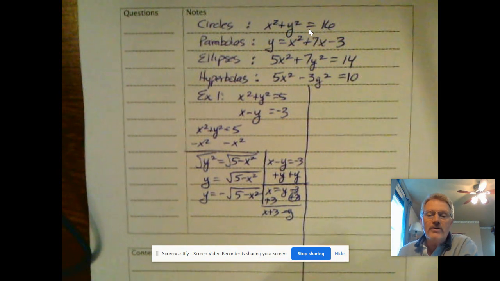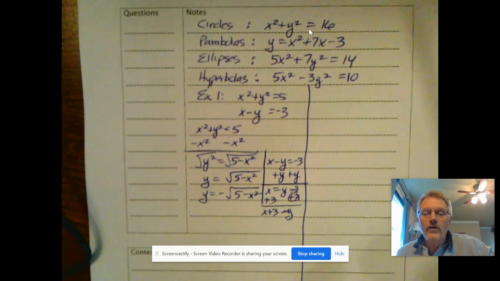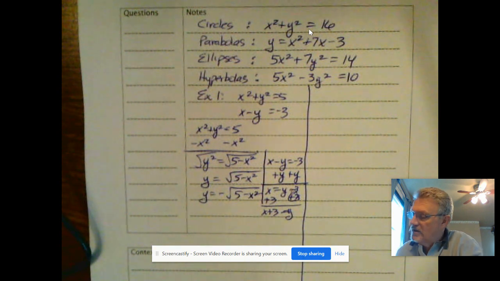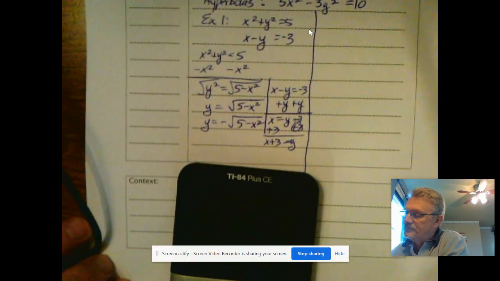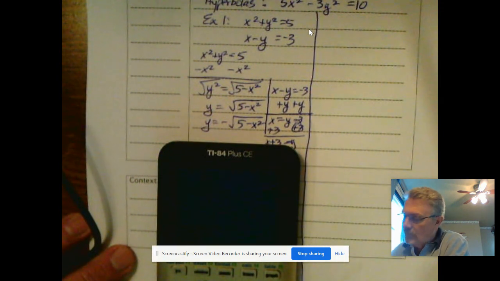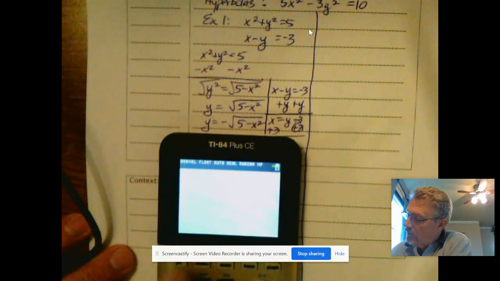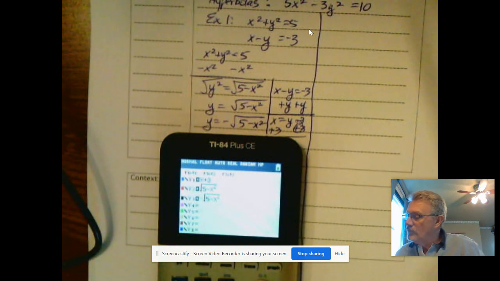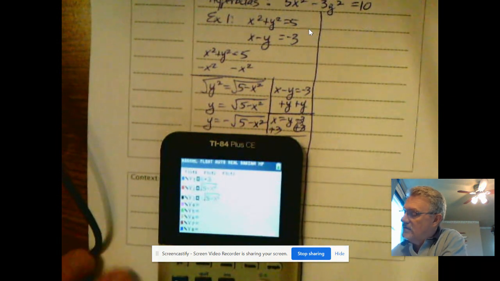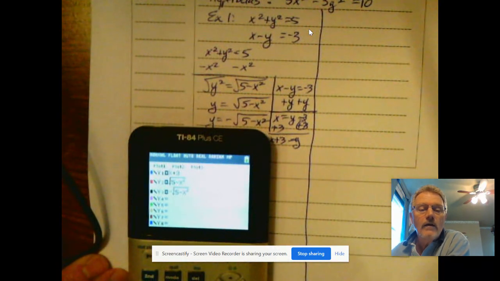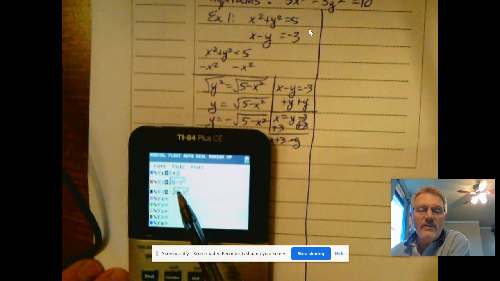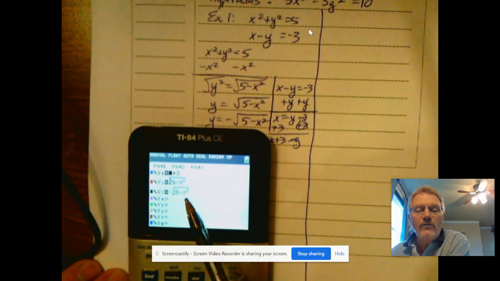So what we need to do is put all three of those equations in our y equals screen. So y equals x plus 3. Is that what I got? Yep. And then y equals the square root of 5 minus x squared, and the negation of the square root of 5 minus x squared.